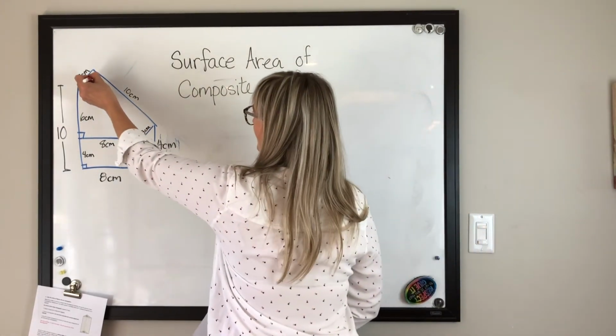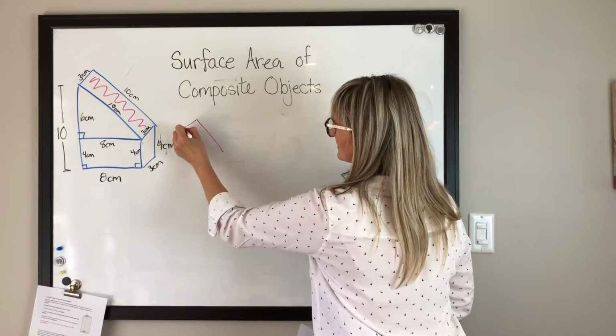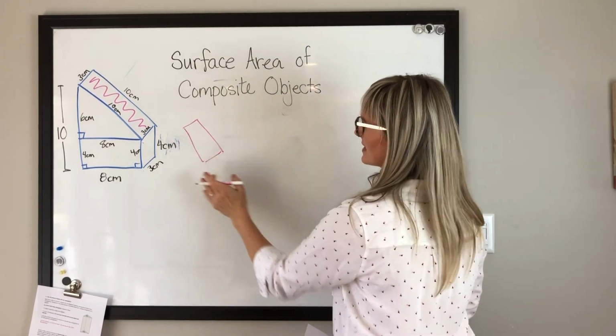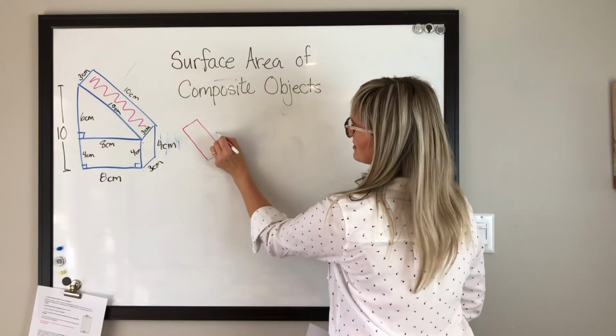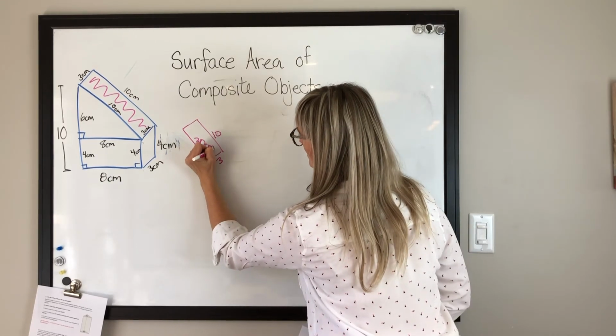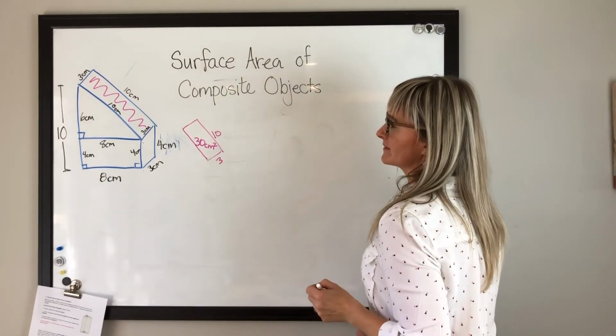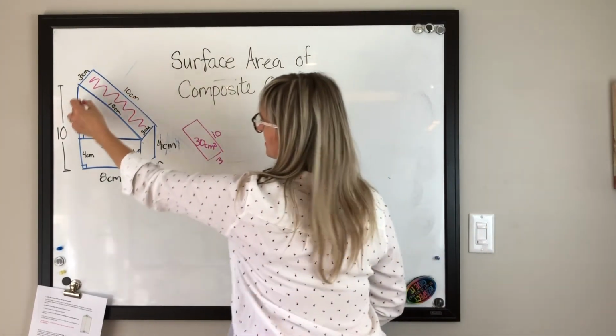Maybe you want to start with some color. So that's a rectangle. Does it look like a rectangle, Mrs. Carpenter? Okay, what's that going to be? That's going to be 10 by 3, or 30 centimeters squared. Do we have any other faces like that? No, because this is a right angle triangle.